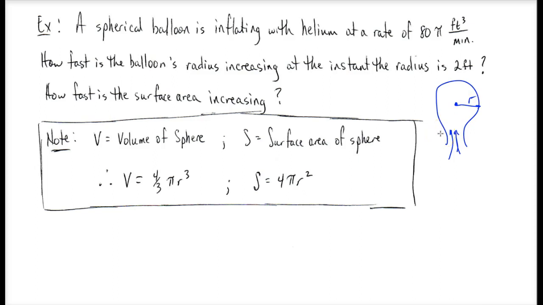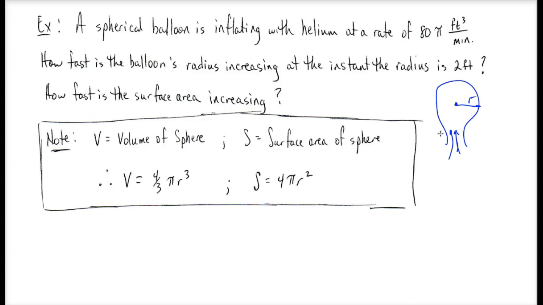Okay? And so what we're trying to do is take a snapshot in time and say, all right, well, we know how fast volume is increasing in the helium balloon. And we also know at 2 feet, when the radius is 2 feet, we have that measurement there.